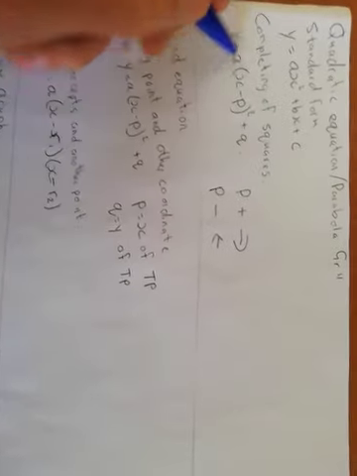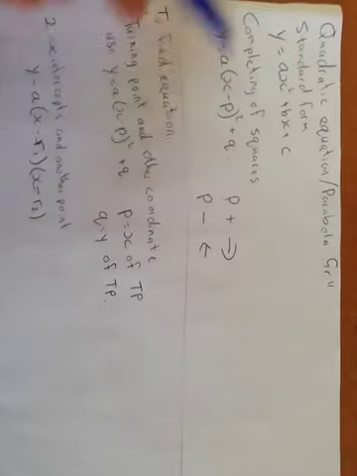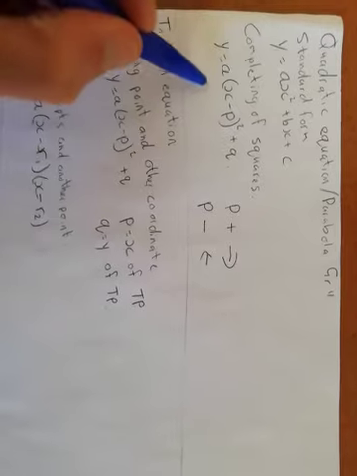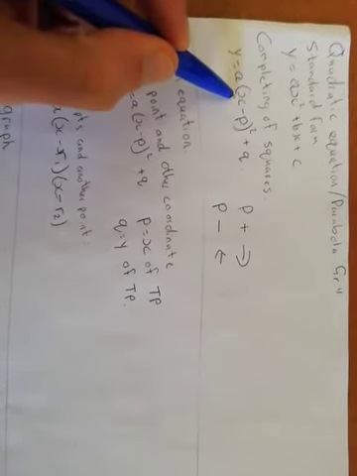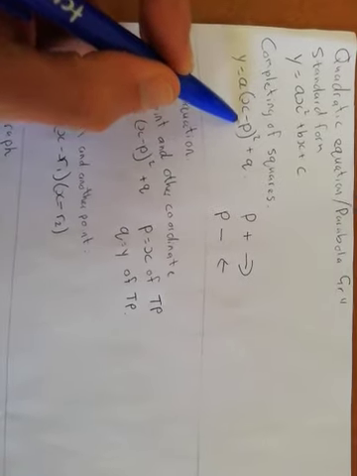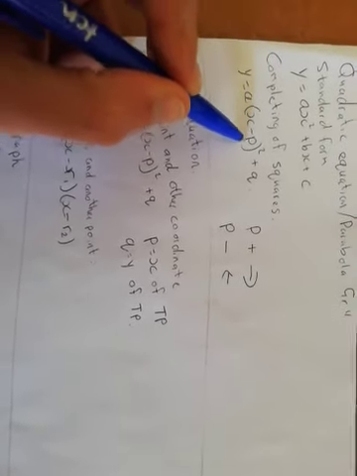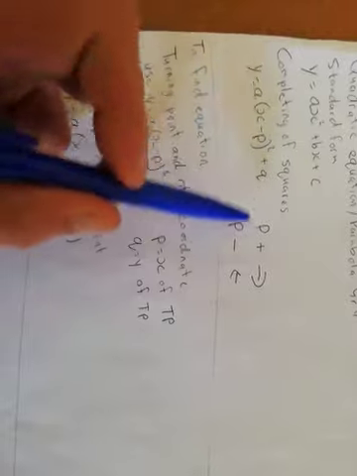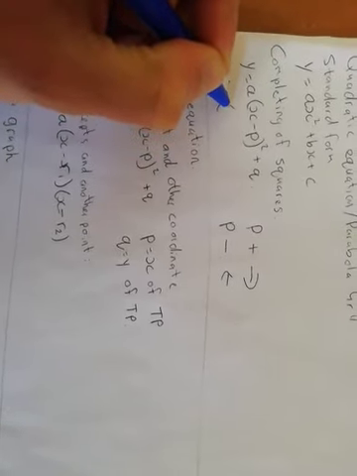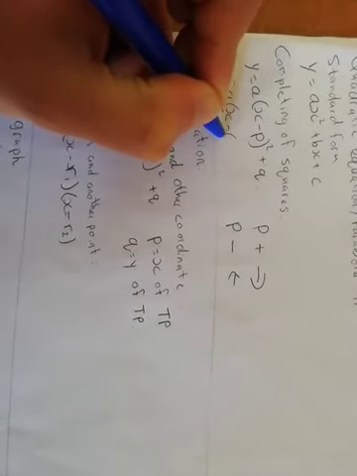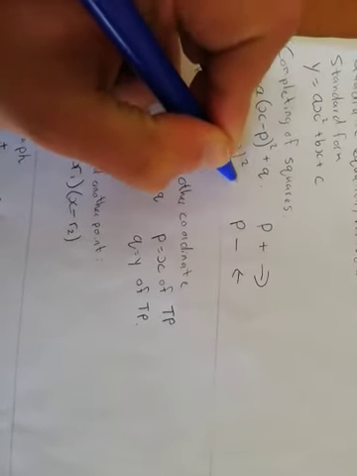And this is because the p value is the number that makes the bracket 0. Okay? The value that makes x minus p 0 is the value that p is. So in a sense, you have a, bracket x minus p, squared plus q.